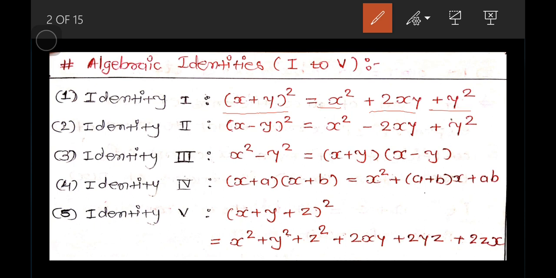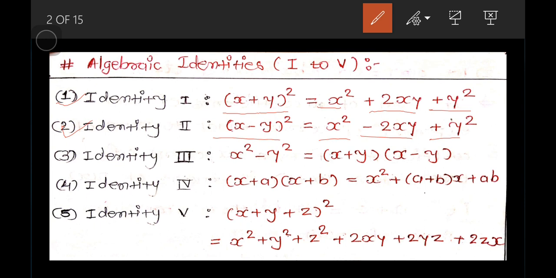Now the second identity, that is x minus y whole square is equal to x square minus 2xy plus y square.